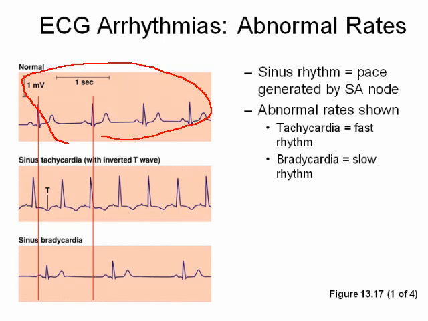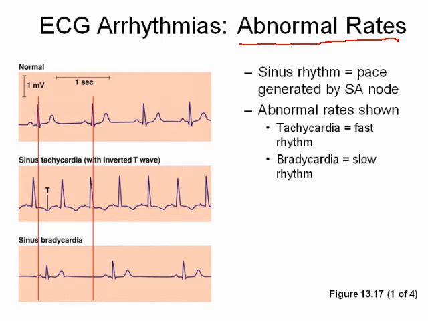We're showing here a normal EKG. The T wave's a little larger than we saw in the previous diagram, but it may represent a different lead placement than what we had before. And in this case, these are not really disturbances. They represent abnormal rates, that is, deviations from normal heart rate. So we have what we call sinus tachycardia.